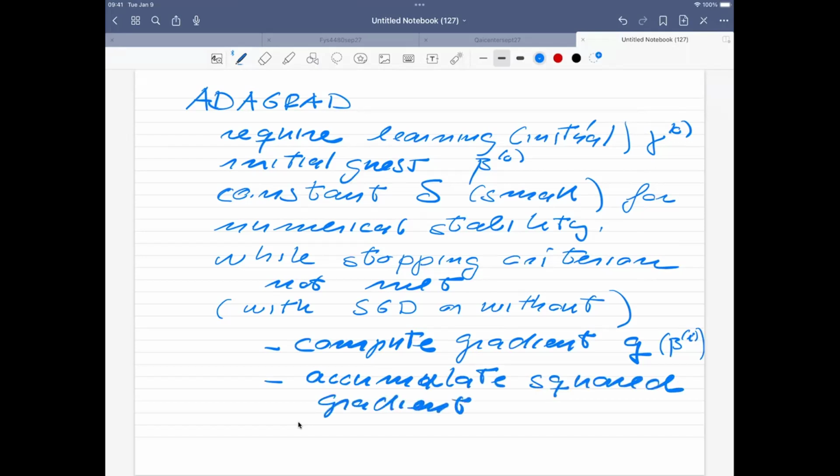I'm going to call this R of i plus 1, which is given by the previous value, a quantity we need to initialize, plus the gradient times the gradient, where this gradient is evaluated at beta of i. This is not an inner product, but a component by component calculation of the gradients. This is normally called the Hadamard multiplication in the literature, and I'm coming back to that. So this is a component by component multiplication.